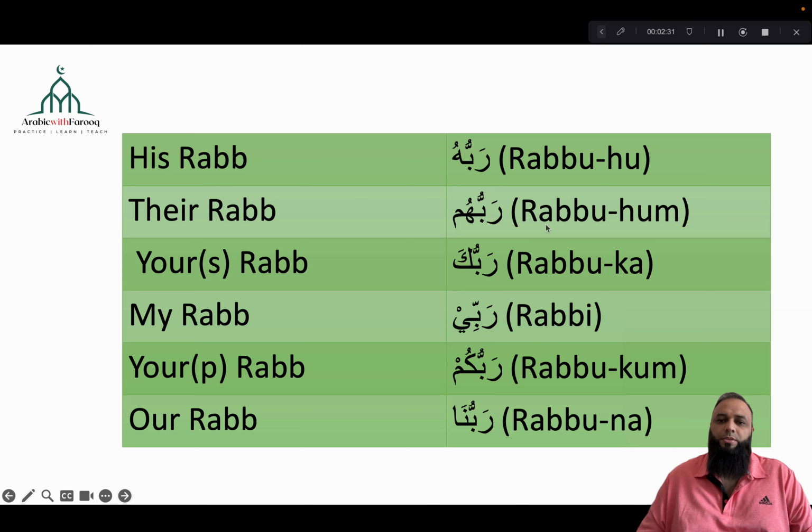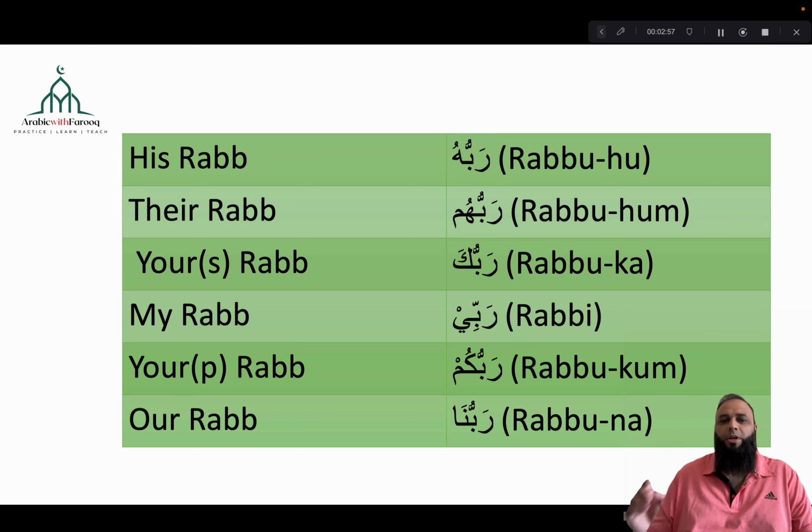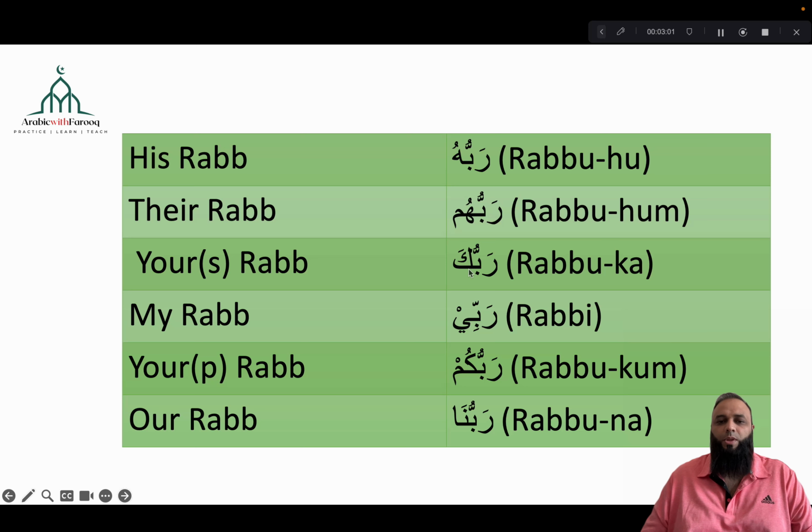And then you have Rabbuhum, which means their Rabb. The only difference is that in the last part you have hu here, and then here you have hum, because they are referring to their Rabb, not his Rabb.